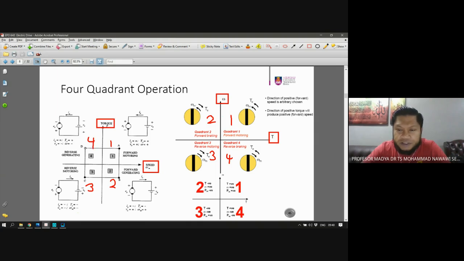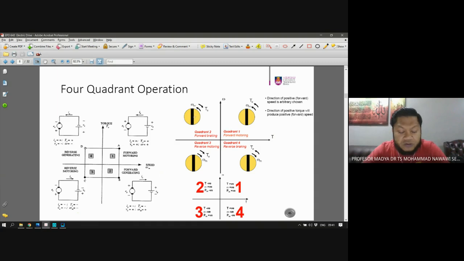Look at the arrangement. If you have omega versus torque, then you have 1, 2, 3, 4 counterclockwise. But if you have torque and omega, then you have it in the clockwise direction, 1, 2, 3, 4. Okay, don't get yourself confused.